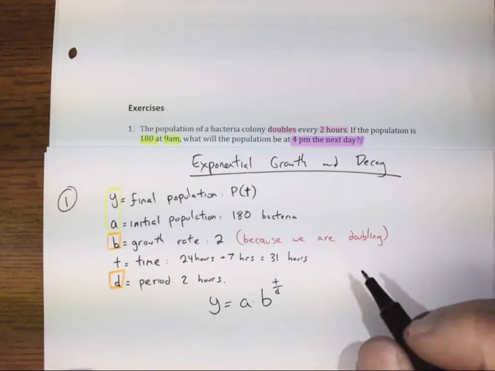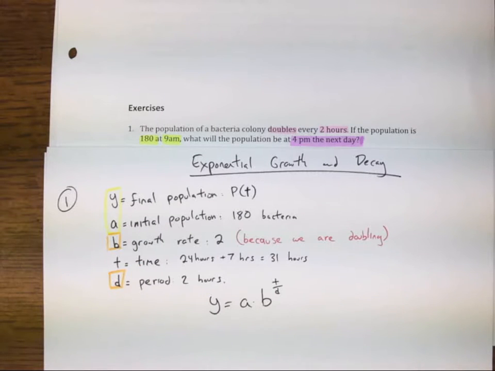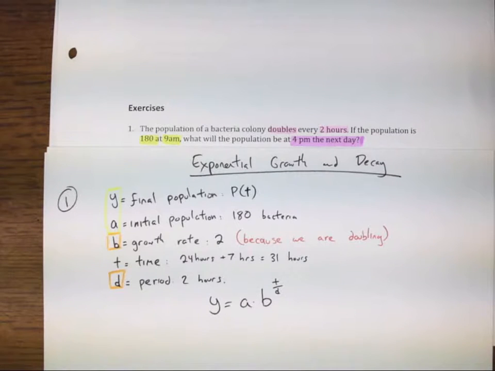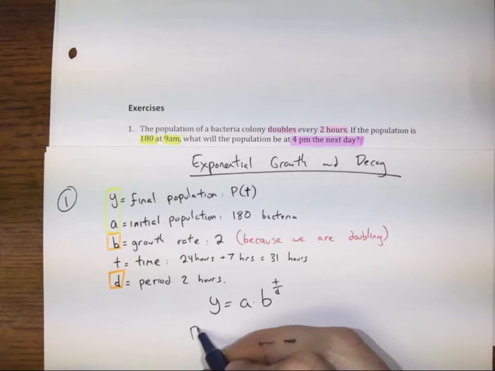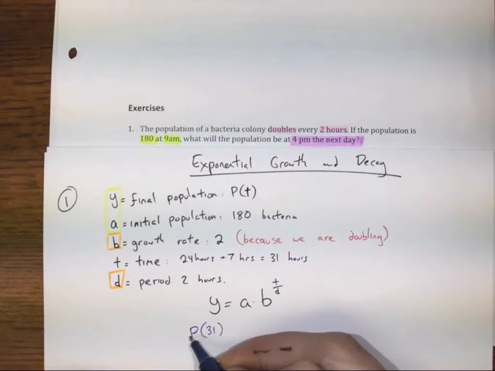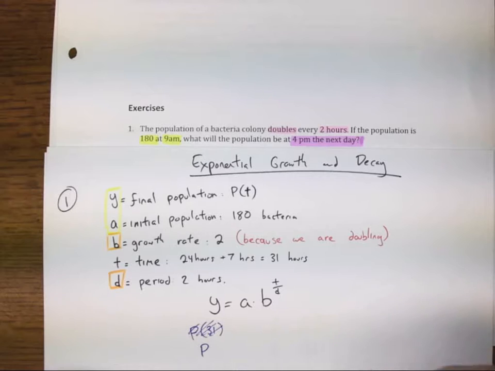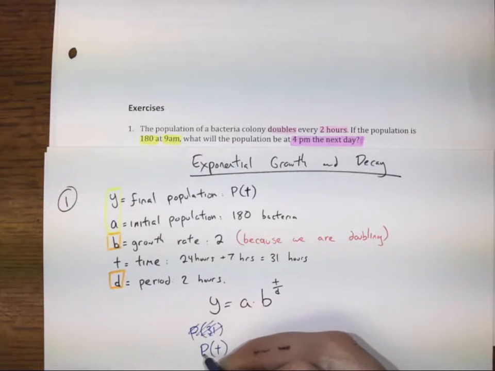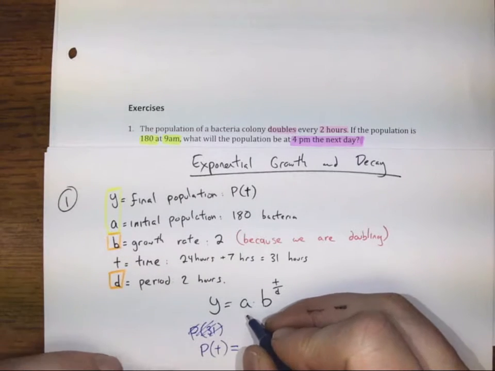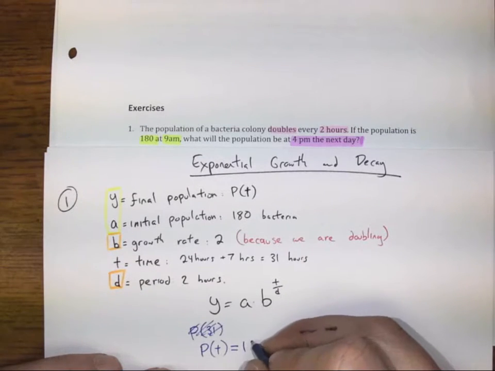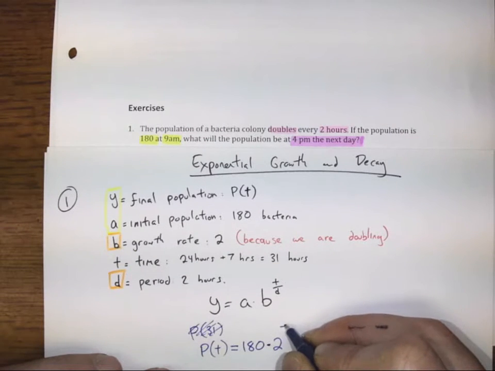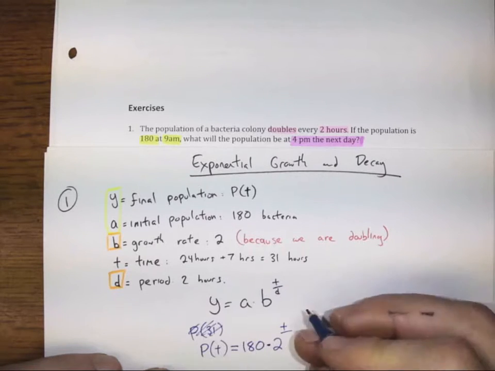Okay. So I'm going to rewrite this, so it looks like the t value that we're going to be looking for is 31 hours. So let's call this P of 31. So just to be clear, our general function would be P of t, our population depends on the time you leave these bacteria to double. And that would be, take our A value of 180 times our growth rate 2 to the power of t over the period of 2.